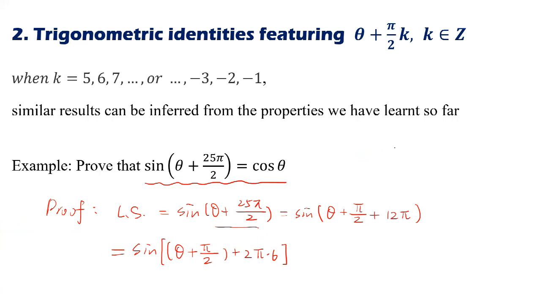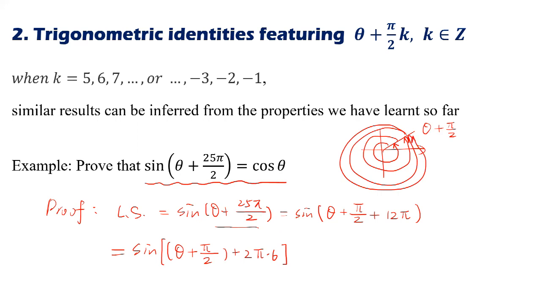2 pi means 360 degrees, right? So suppose this is your theta plus half pi. By turning 2 pi, it will come here, and another 2 pi comes here, and so on. Repeat this 6 times. That means 2 pi multiplied by 6. So this new angle has the same terminal side as the angle here, so we only consider this angle.